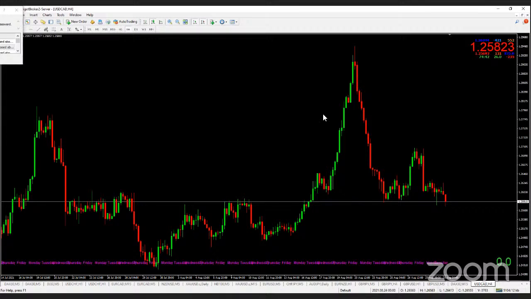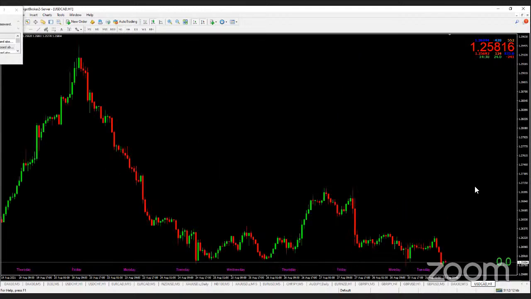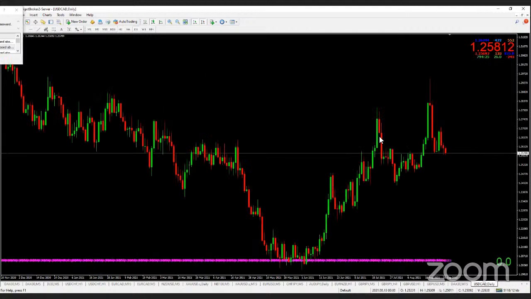It could be a head and shoulders pattern developing on the 4-hour. If it breaks below here, let's check the 1-hour. Yeah, it is a strong area of support.